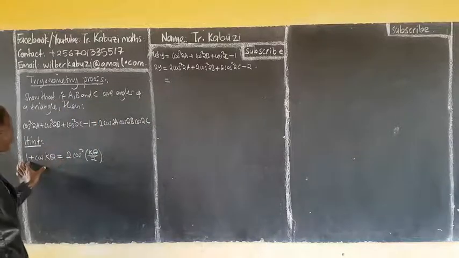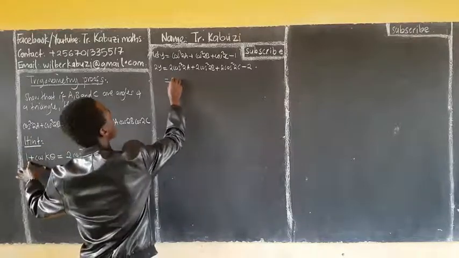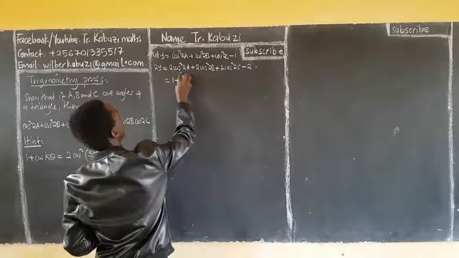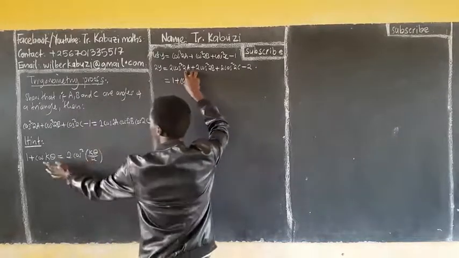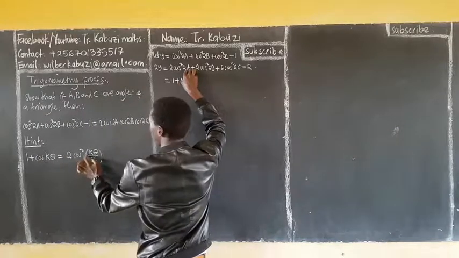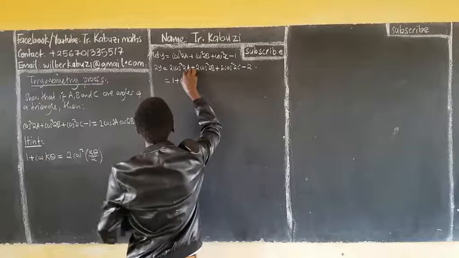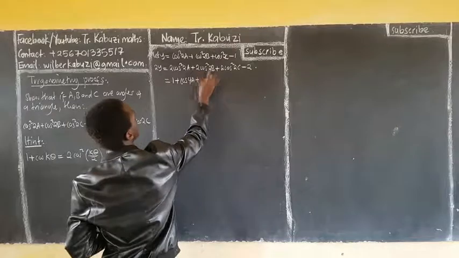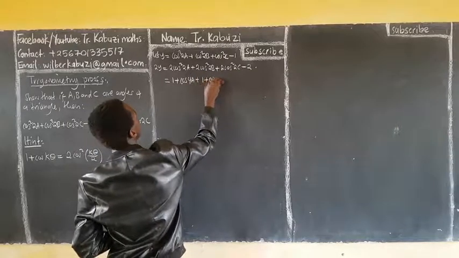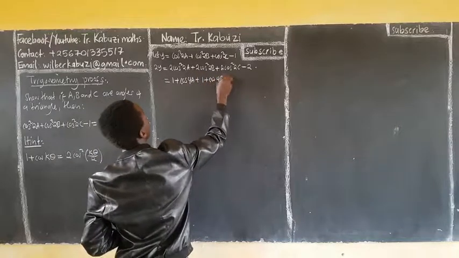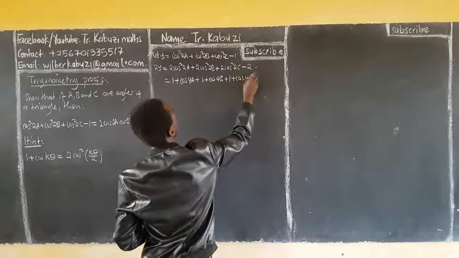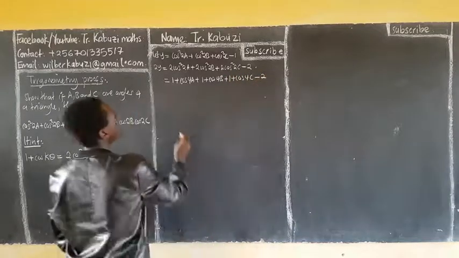Meaning, this would now be 1 plus cos of 4A, multiplying this angle by 2 to get 4A. Then plus 1 plus cos 4B, then plus 1 plus cos 4C, then minus 2.